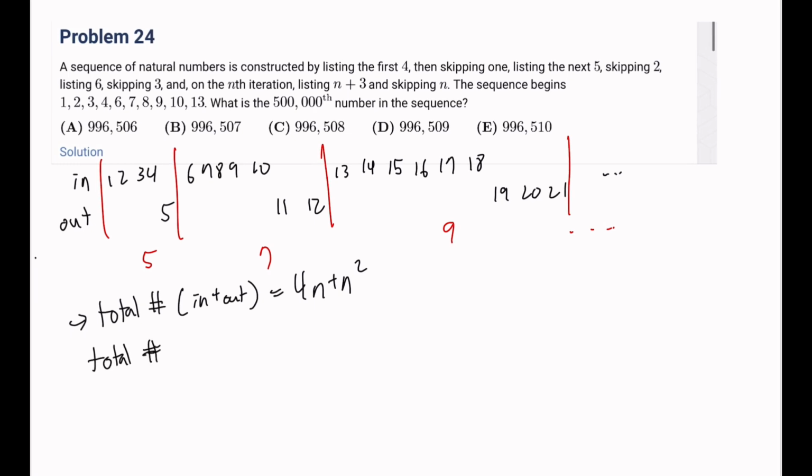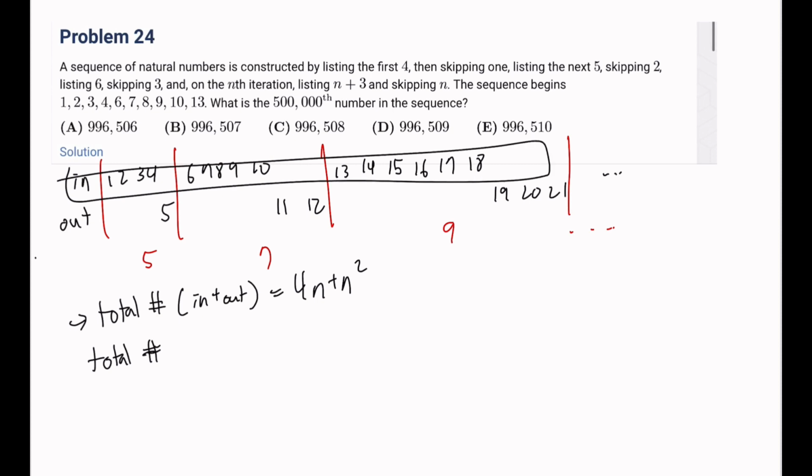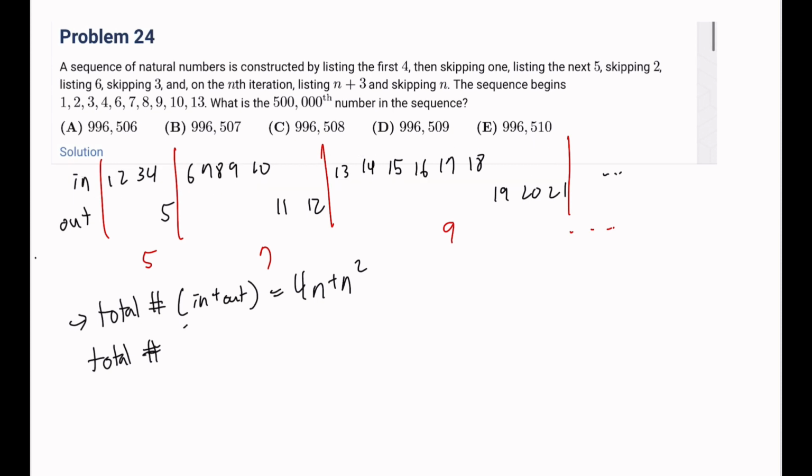And now let's look at the total number of numbers for just the in parts, right? That would be in only. So this is 4, 5, 6, all the way up until n plus 3, right?